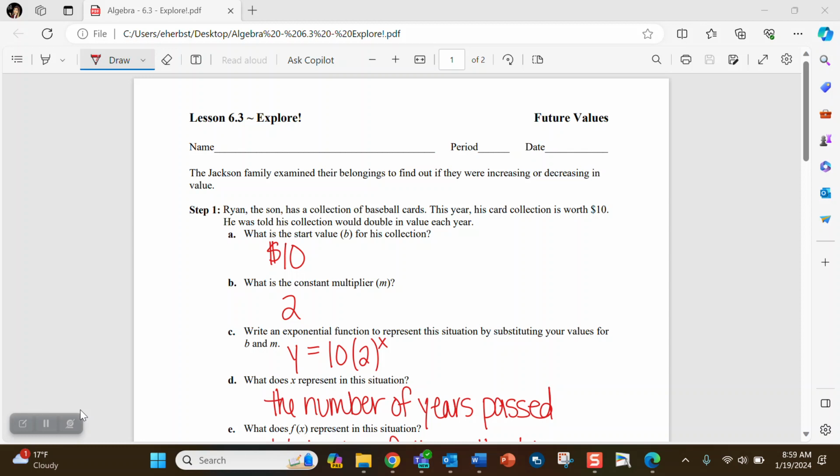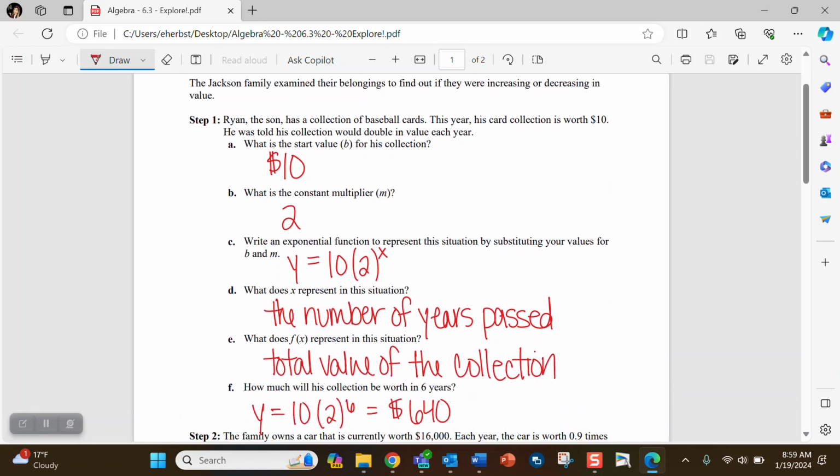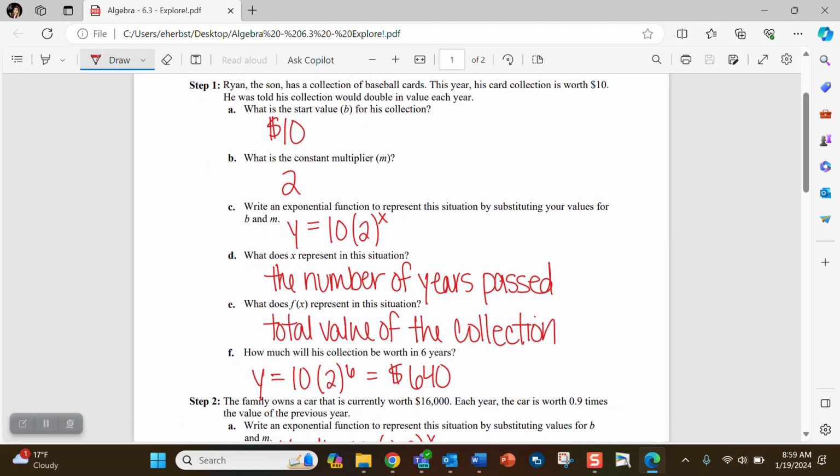For letter C, the exponential function then would be y equals 10 times 2 to the x power. Remember that 10 is the start value and 2 is the constant multiplier. Letter D asks what x represents in the situation. X represents the number of years that have passed. And then letter E asks what f of x represents.